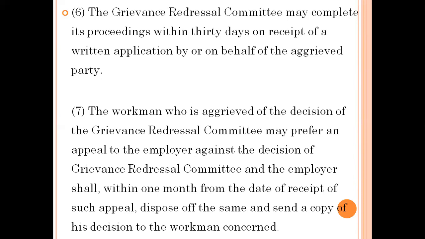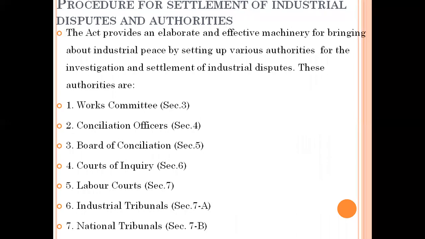The workman who is aggrieved of the decision of the grievance redressal committee may prefer an appeal to the employer against the decision, and the employer shall, within 1 month from the date of receipt of such appeal, dispose of the same and send a copy of his decision to the workman concerned.